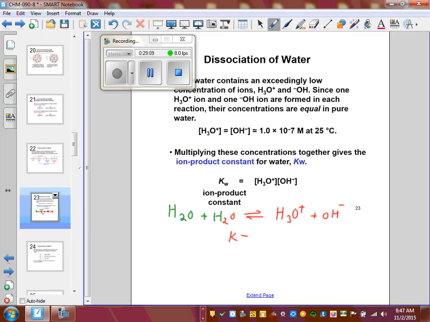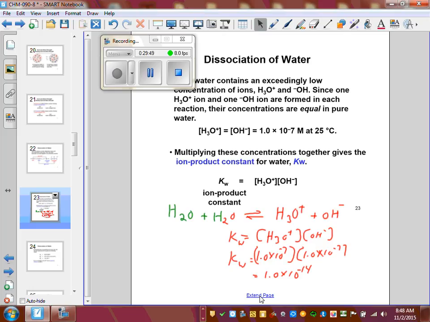If we multiply both of these together, and this is specifically for water, and the w means water, it comes out to be 1.0 times 10 to the minus 14.